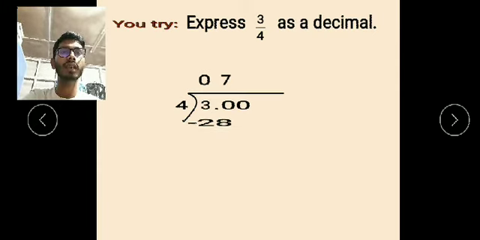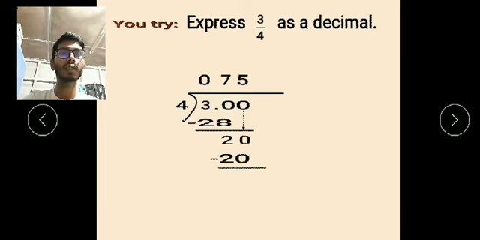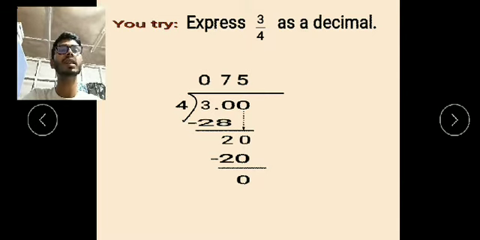Now 30 minus 28 will give you 2. So 2 and 0 will again come down, 20. Now 4 5s are 20. So the remainder is 0. So you got 0.75. If I express 3 by 4 as a decimal, we'll get 0.75.